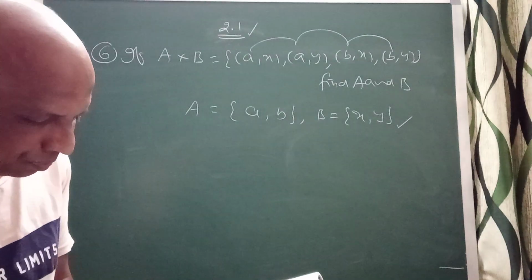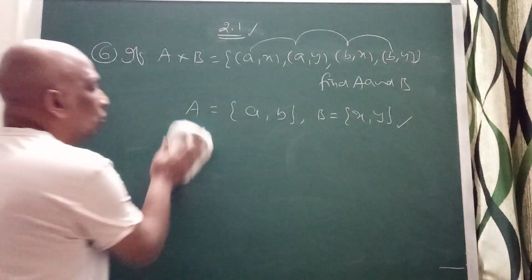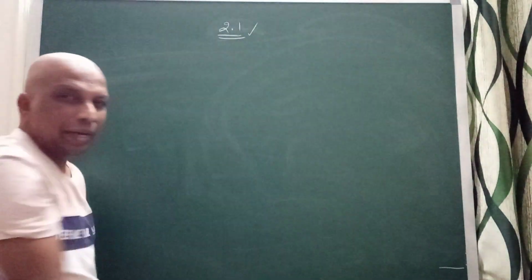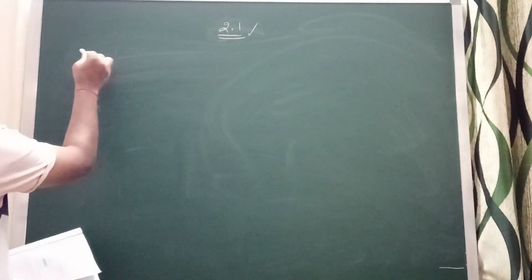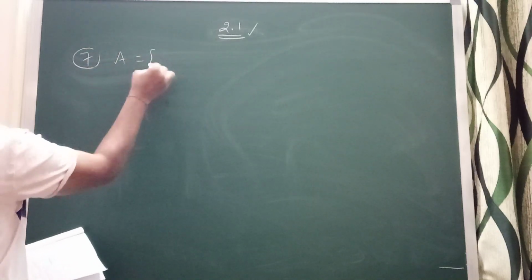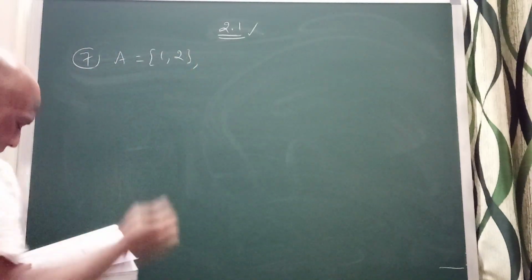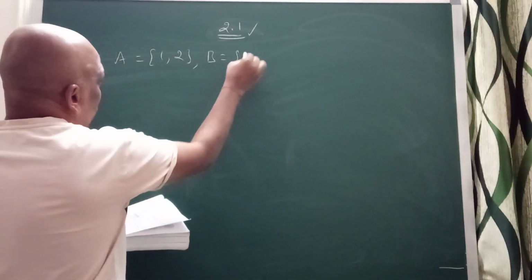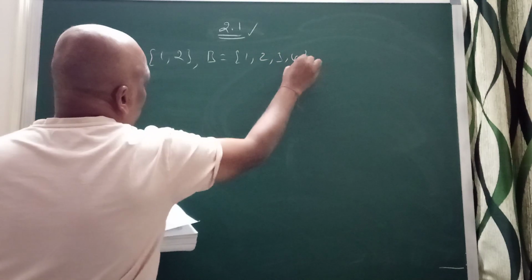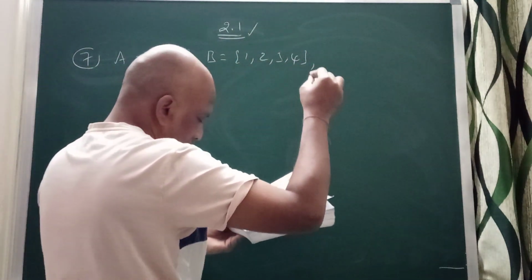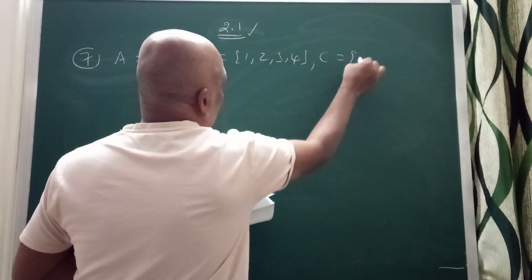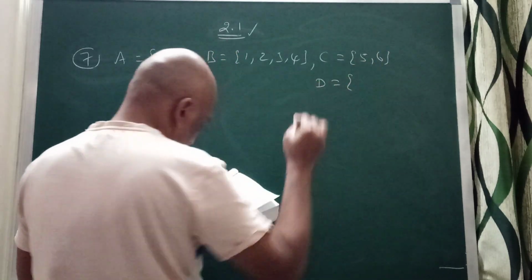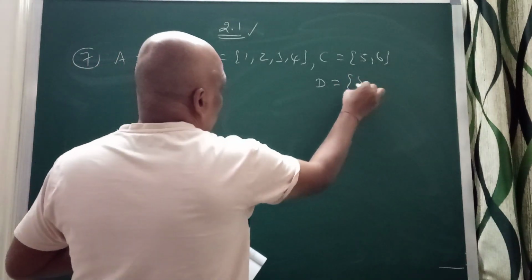Next, the seventh one. Let A is equal to 1 comma 2, B is equal to 1, 2, 3, 4. C is equal to the set of 5 comma 6, and D is equal to the set of 5, 6, 7, 8.